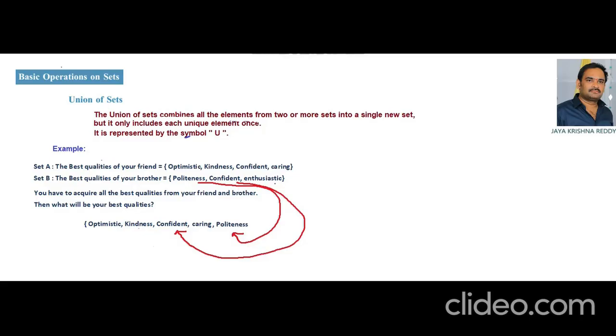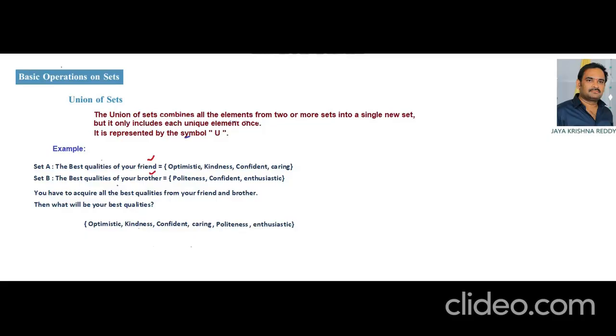Next you have to take the quality enthusiastic. So by acquiring the best qualities from your friend and brother, you will be with these best qualities within you: optimistic, kindness, confident, caring, politeness and enthusiastic. This is nothing but the union of the two sets A and B.